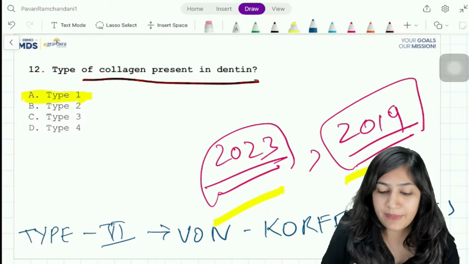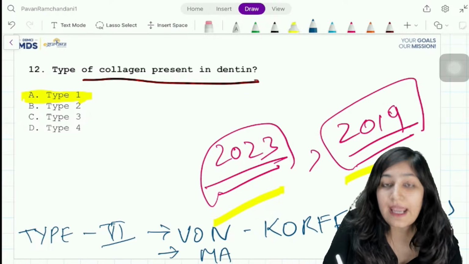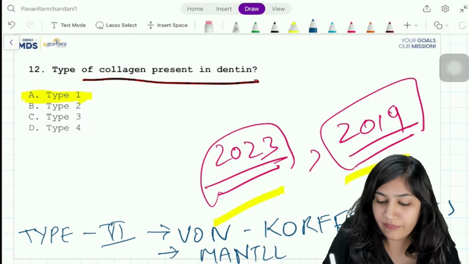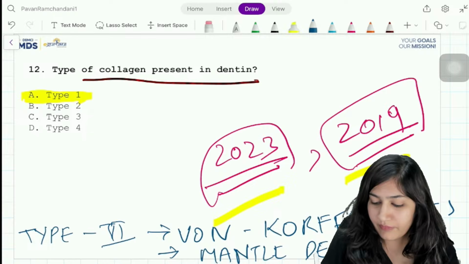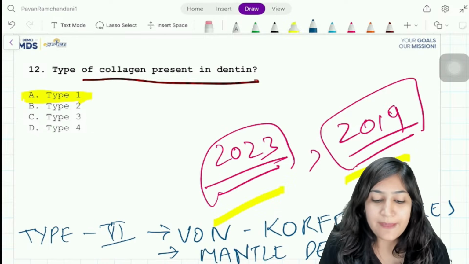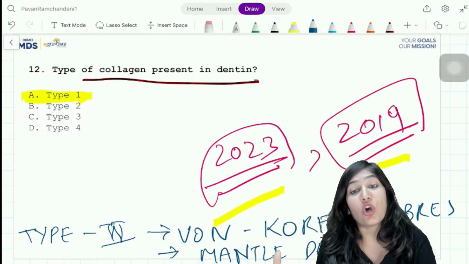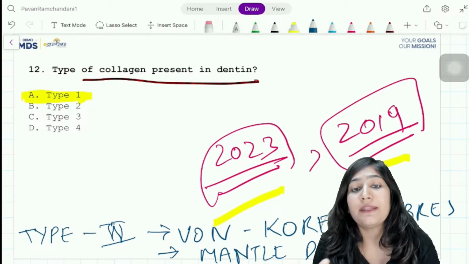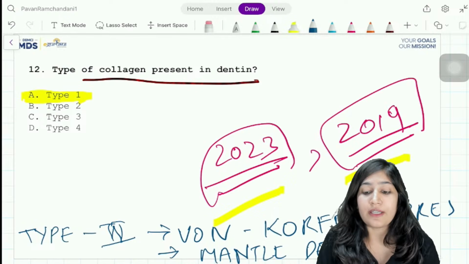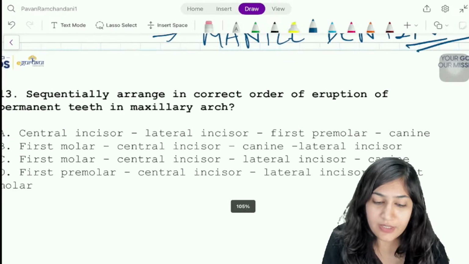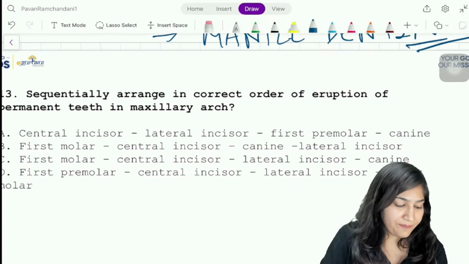So they are mainly present in mantle dentin, and these fibers are argyrophilic fibers. Very good. So for type 3, you should remember, they are von Korff fibers and they're present in mantle dentin. Mostly we have 90% type 1 collagen in dentin. Yes, Anurag, good. They are argyrophilic fibers.